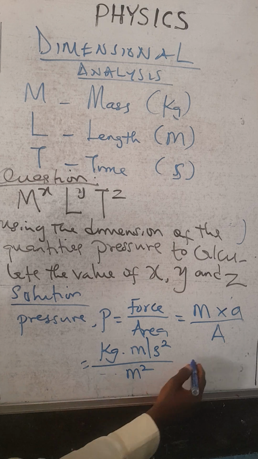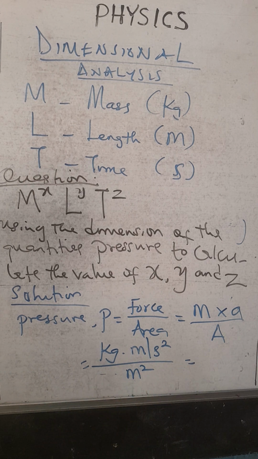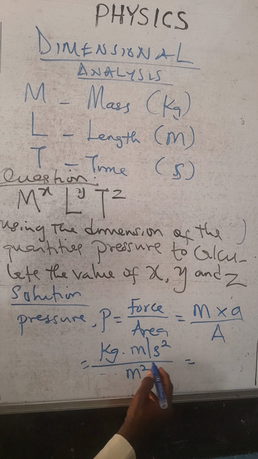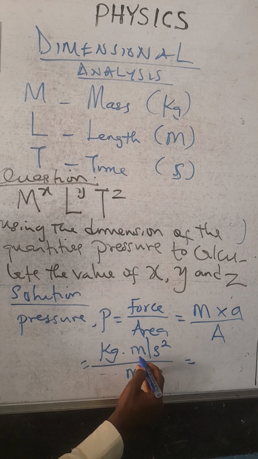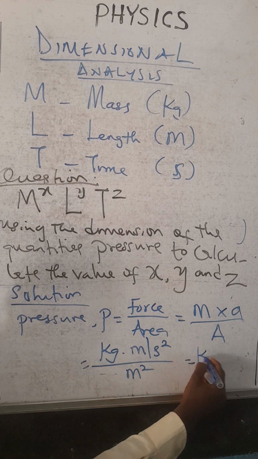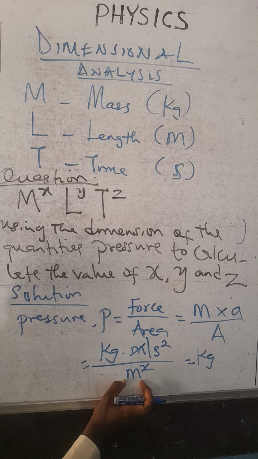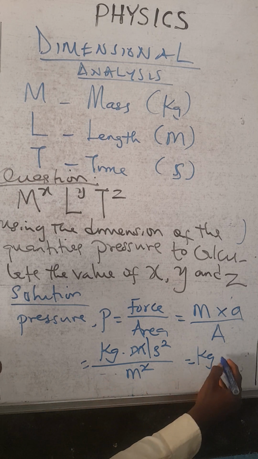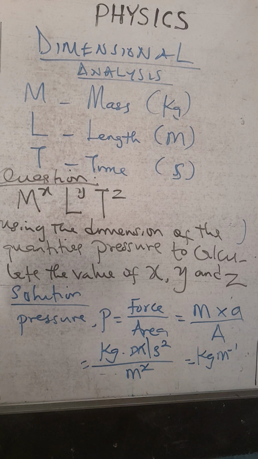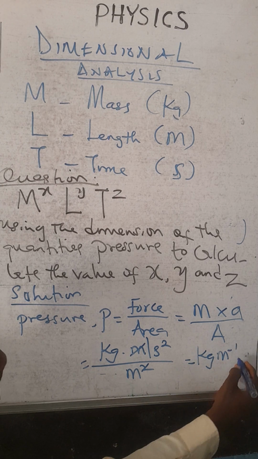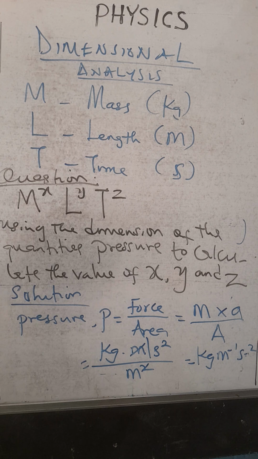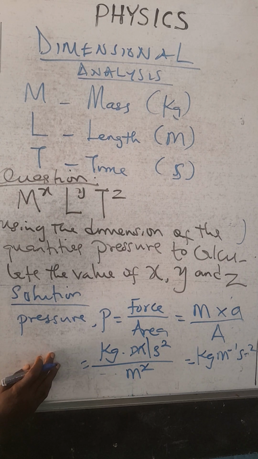Pressure, which you have to find its dimension, will then become kilogram. This will take off this, and we are left with only m down. So we have kilogram per meter per second squared, and that will give us our pressure.